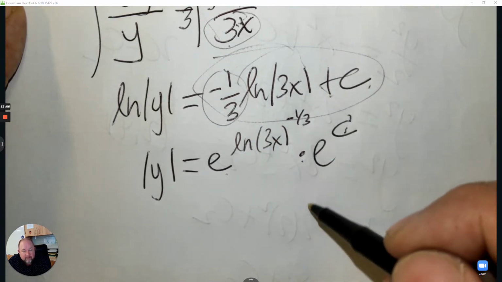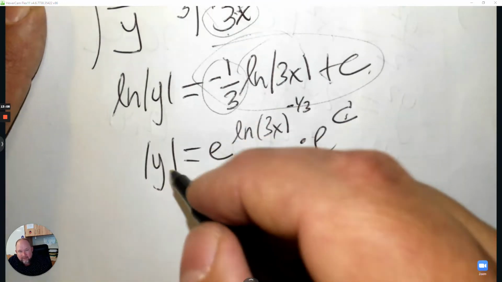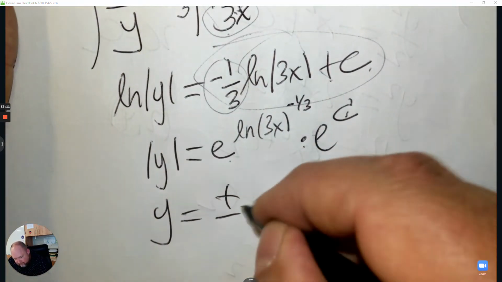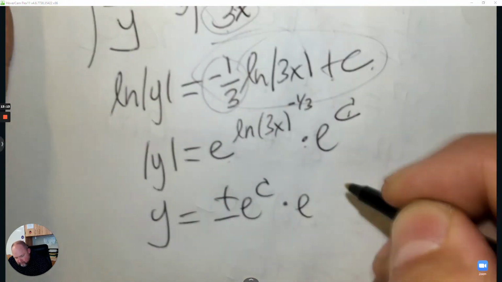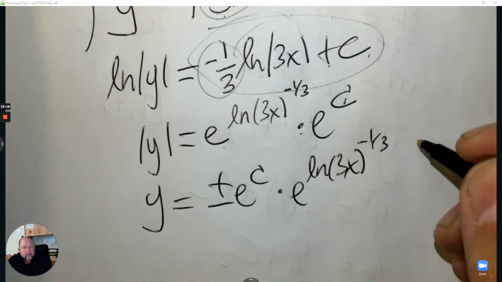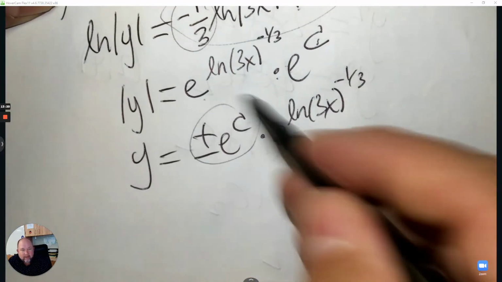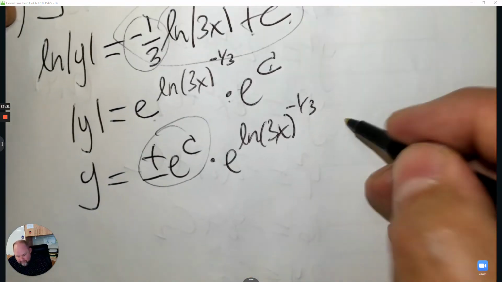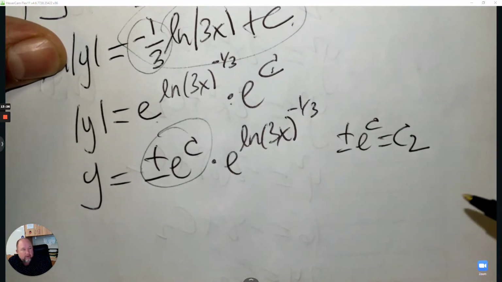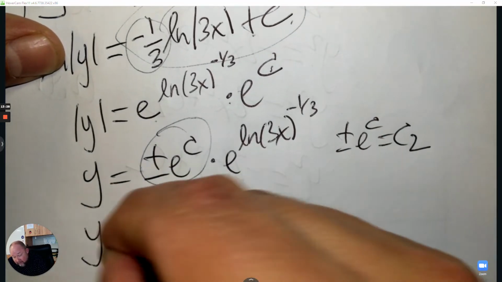They're the same, but now I can make this plus or minus, and now I can replace it with an easier constant. So it could be positive or negative, e to the c. Instead, it's just going to be one constant, redefined. I'm going to call it C2.